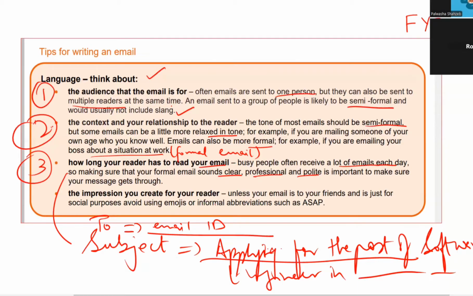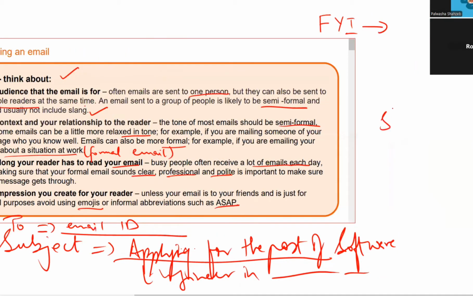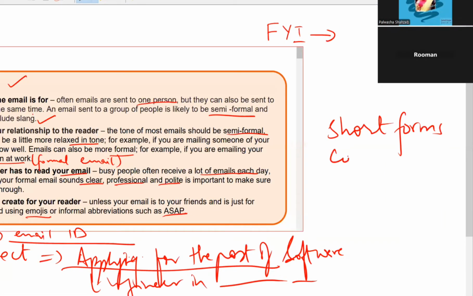Then, the impression you create for your reader: unless your email is to your friends and is just for social purposes, avoid using emojis or informal abbreviations such as ASAP. So, the things we need to avoid in our email writing are, first, the short forms, which we call contractions. Contractions are all those, don't, can't, we need to avoid them. Stop using them.